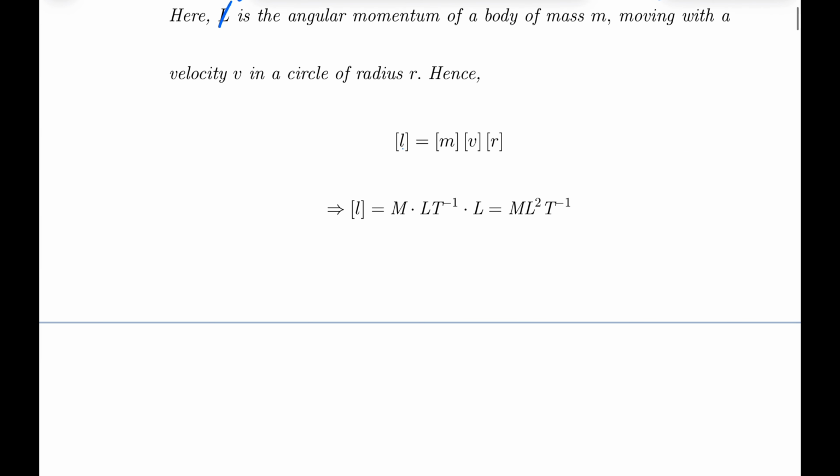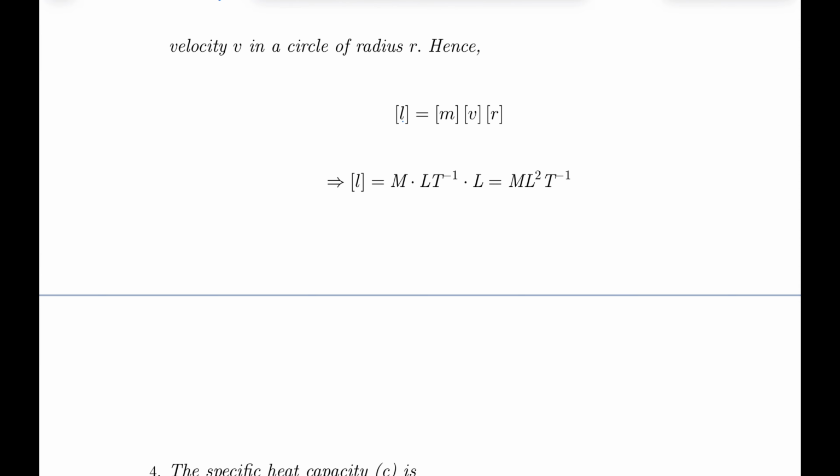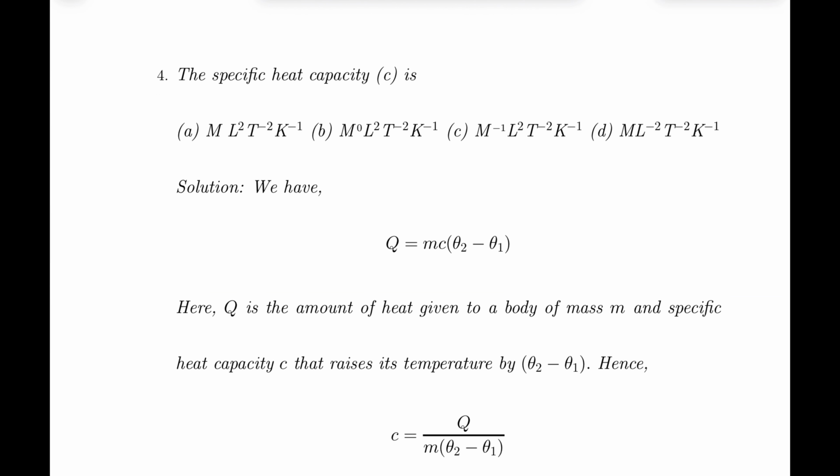For mass, we write capital M. For velocity, we write L T to the power minus 1. For r, which is distance, we write L. After simplifying this, we get the dimensional formula for angular momentum as M L square T to the power minus 1. Clear?